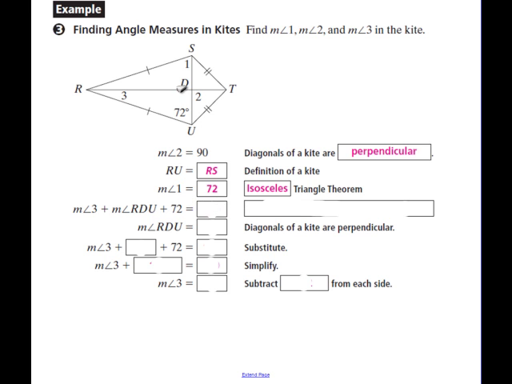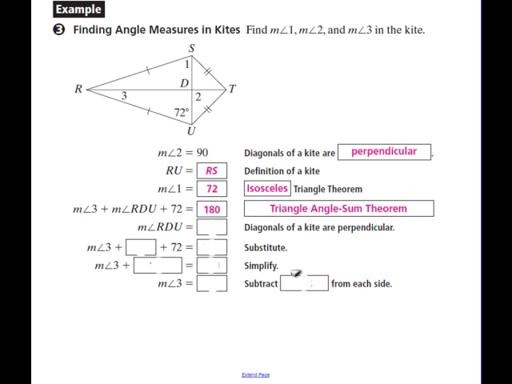Now as we continue on down here, we've got angle 1, we've got angle 2, and we're trying to find angle 3. We know that angle 3 is part of a smaller triangle, RDU. If we look at this half of the isosceles triangle, angle 3 plus RDU, this angle in the center here, plus 72, this angle that we found here, should all add up to 180 degrees. That's our triangle angle sum theorem.